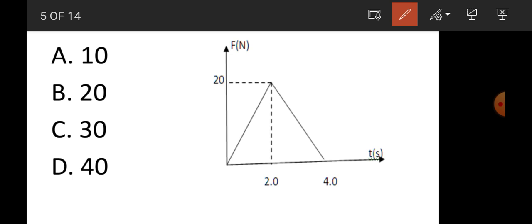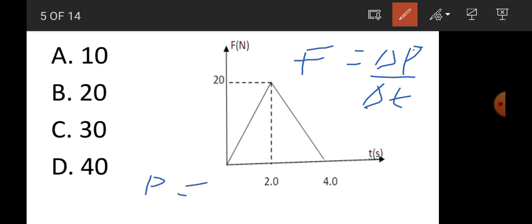The area under the graph. You know that from Newton's second law, force is equal to change in momentum over change in time. From this, momentum is equal to force times time.